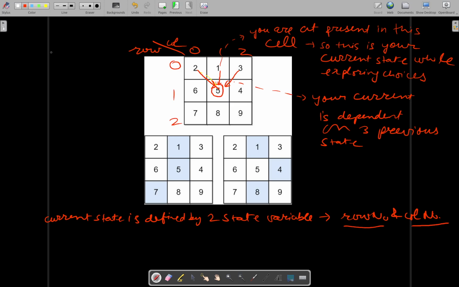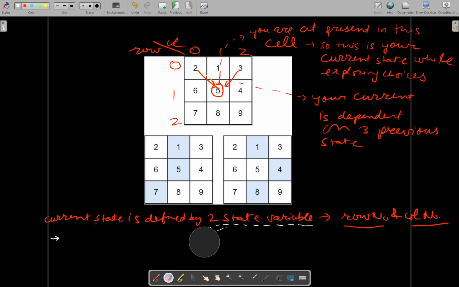Since there are two state variables, the dynamic programming structure that we will be using to store our results will be 2D. So it will be a 2D DP, because two variables are there.